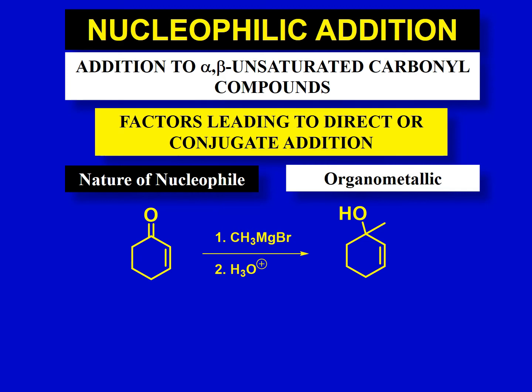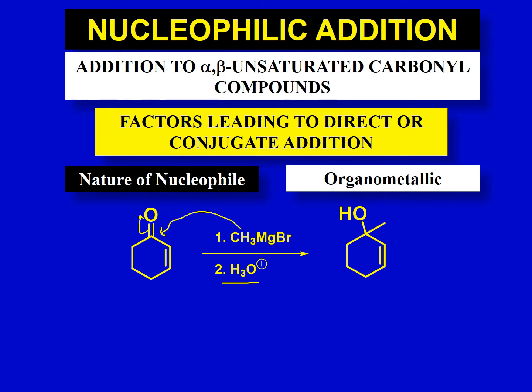And we have already seen that inside this alpha beta unsaturated system, this carbonyl carbon is a hard electrophile. So this alkyl group will preferably attack the carbonyl carbon, shifting this pi bond towards oxygen, and in the second step, an acidic workup will lead to the formation of this tertiary alcohol.